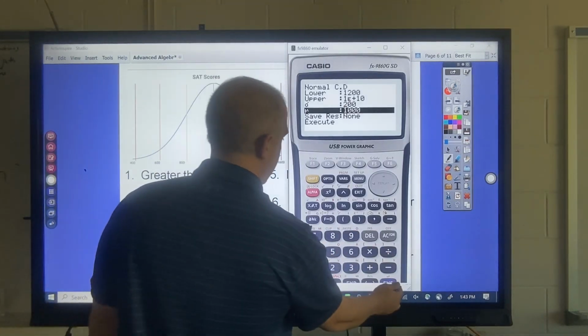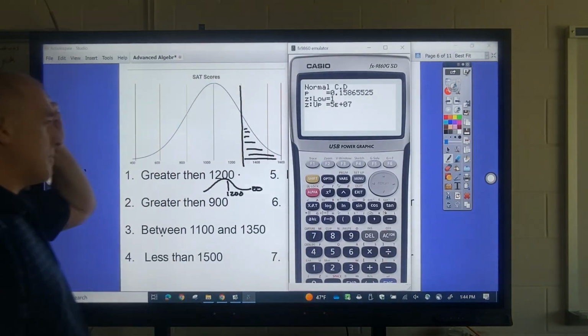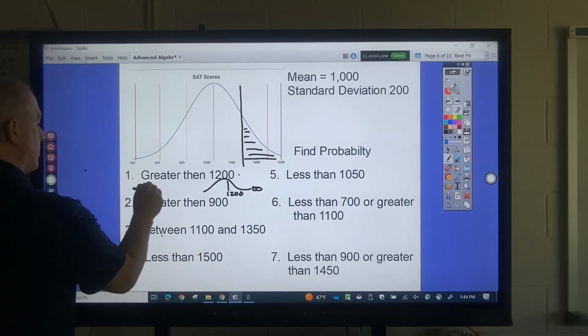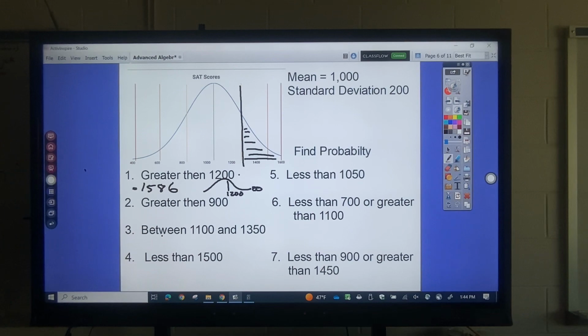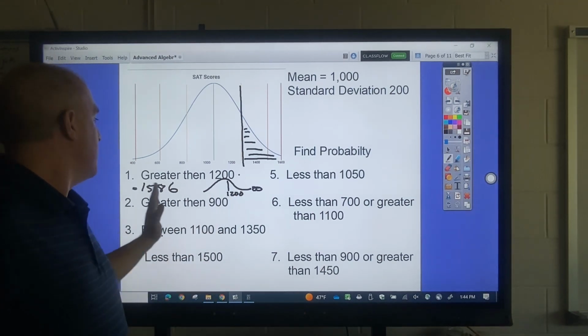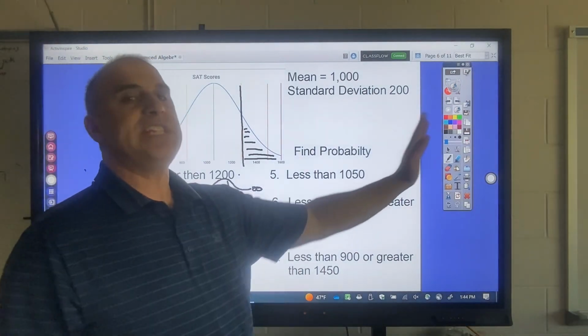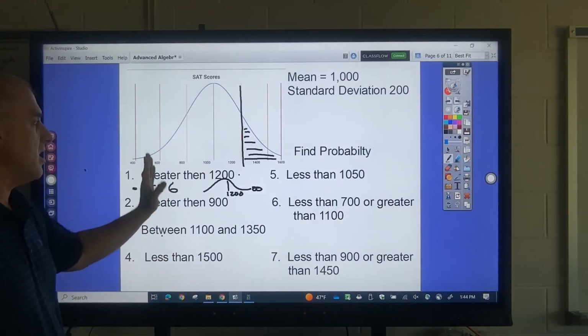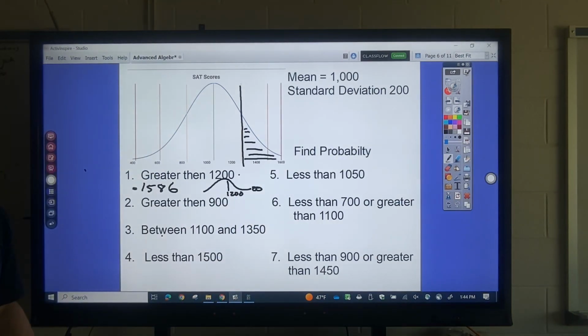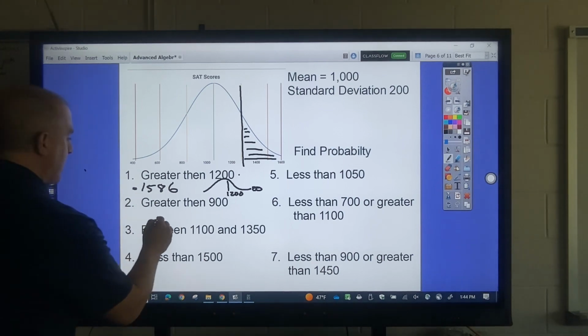If I hit execute, it tells me the probability is 0.1586. That means about 15%, if you multiply that number by 100, of students are going to score greater than 1,200 on the SAT, meaning 85% would score less.